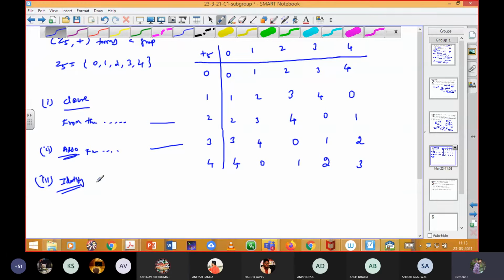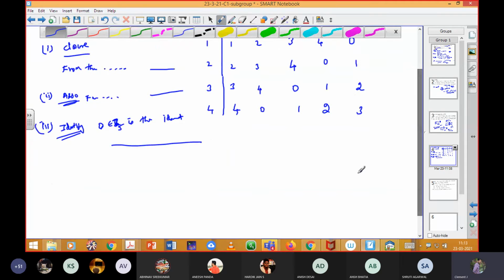That's it, very trivial. So 0 will be the identity element. Sorry, not G, 0 belongs to Z5 and is the identity element. So it satisfies the rule, so you can mention identity axiom is true. You need to write like that formally.